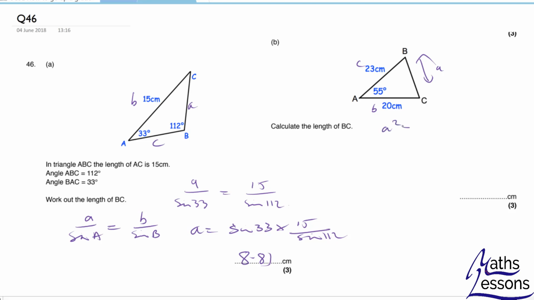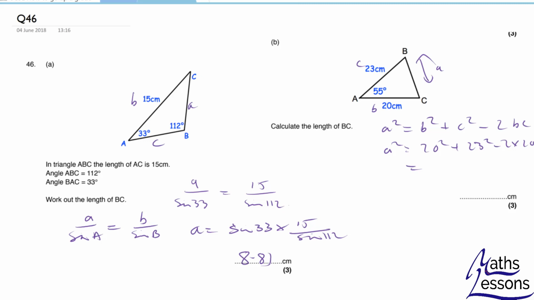So we know that a squared equals b squared plus c squared minus 2bc cos A. So a squared will equal b squared, which is 20 squared, plus c squared, 23 squared, minus 2 times 20 times 23 times cos of 55.